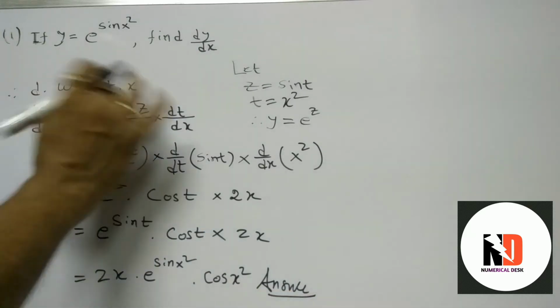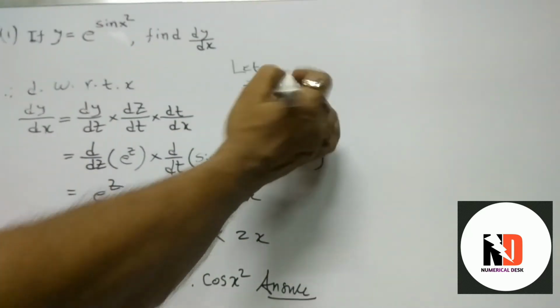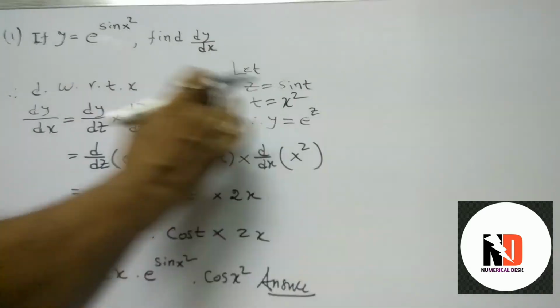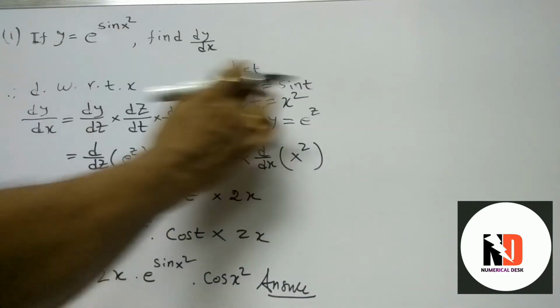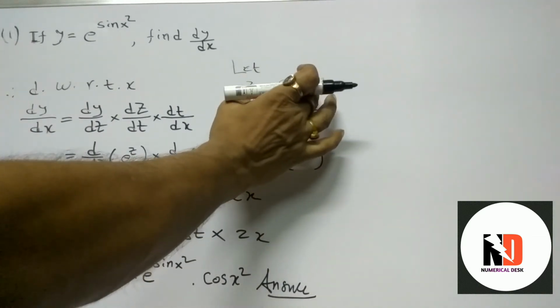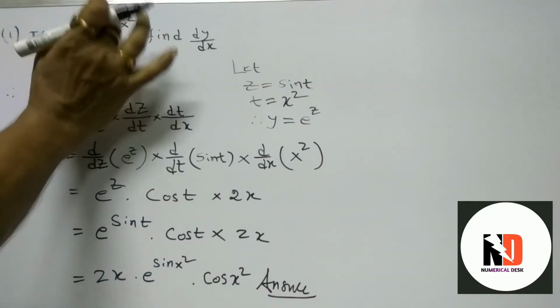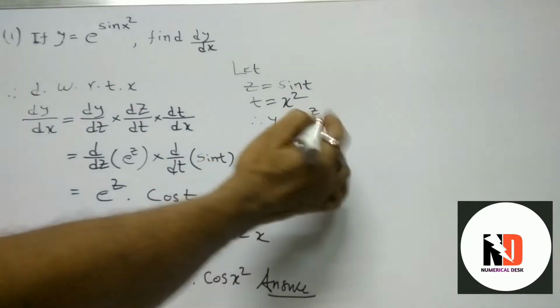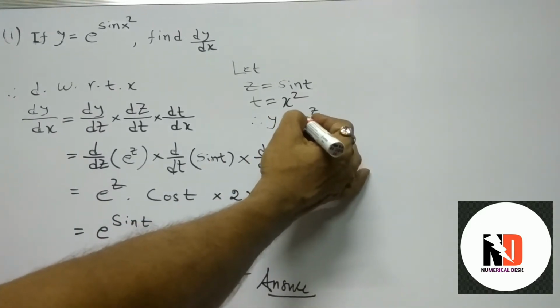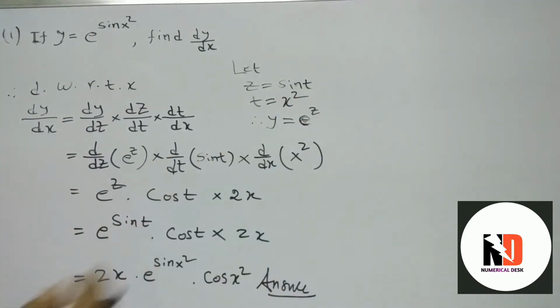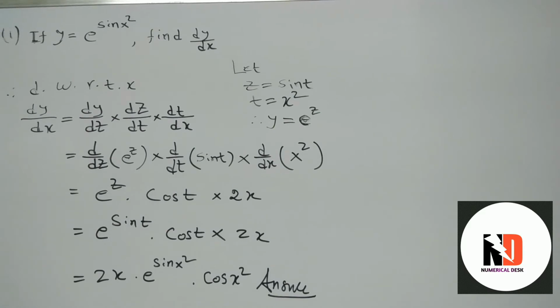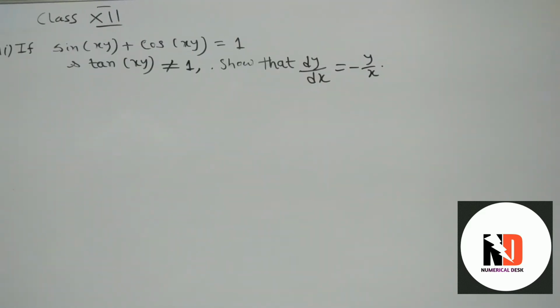Now we must see this application in the second sum, and look, the basic of the chain rule is to multiply the differentiation in continuation. So what is substituted, multiply it.